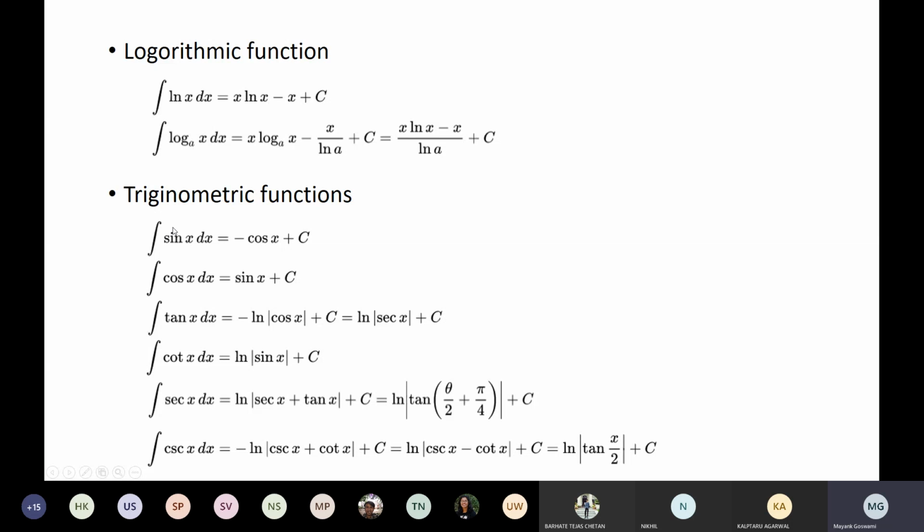And you all know the trigonometric functions, the integrals of which are written here. Just go through all these.